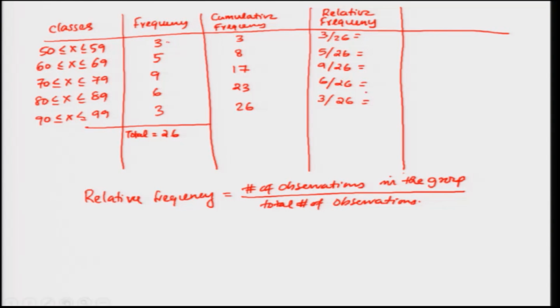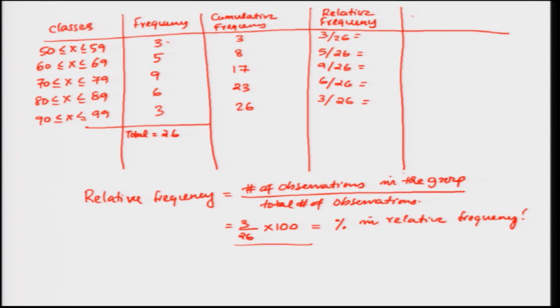When you say 3 divided by 26 multiplied by 100, it will give you the percentage in relative frequency. So, the relative frequency can be easily converted to a percentage by multiplying it by 100.